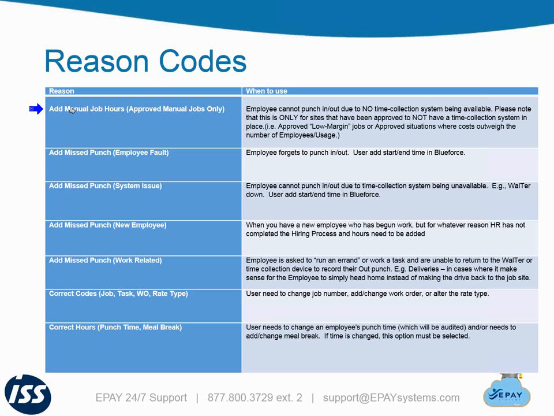Now, keep note that this is only for those sites that have been approved to not have a time collection system in place. Most of the time, the reason we do not have a time collection method in place is because it's a very low margin job. It doesn't make sense to have more expenses than what we're getting in for the job.